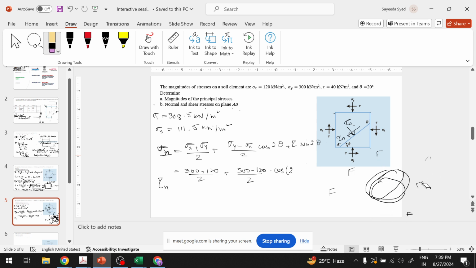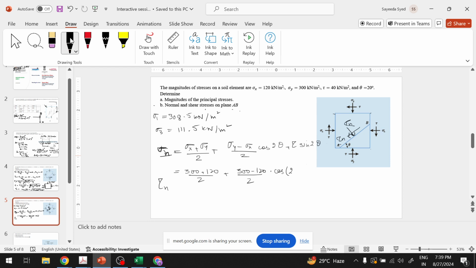But when I talk in the form of sigma x and sigma y, I am making my result dependent on sigma x and sigma y, which are particular to a particular plane only. They are not general. For a generalized result, we calculate sigma 1 and sigma 3.